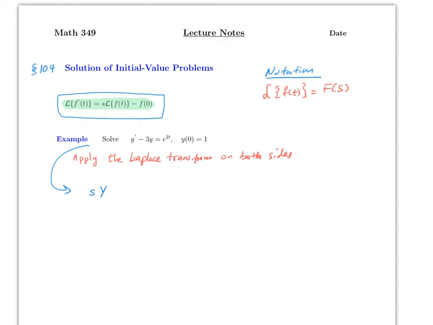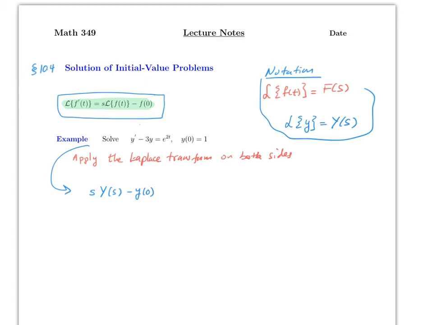I'm going to use capital Y to denote the Laplace transform of y. So this will be Y of s minus y of 0, which is the initial condition we're going to use right now.